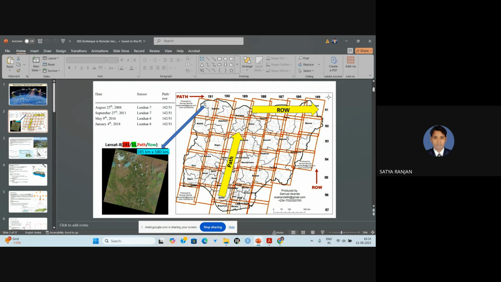Suppose this is one tile of the satellite image which is acquired. Then 191 is the path of this satellite image, and 51 is the row. So path and row are the ID of this satellite image. Based on this row and path, we can download different satellite images. So this was covered in the last class.